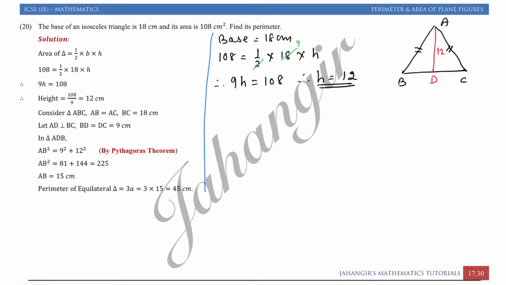If you draw the height, AD is the height, and BD you get as 9 centimeter. We can draw AD perpendicular to BC. So therefore BD is equal to DC is equal to 9 centimeter. We will consider a right angle triangle, this triangle.